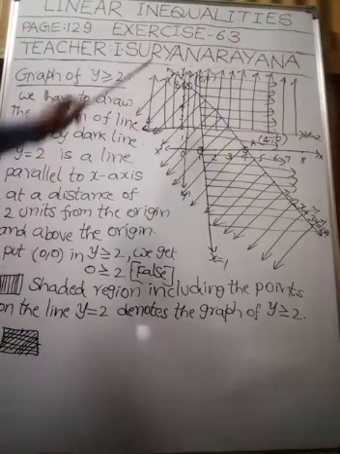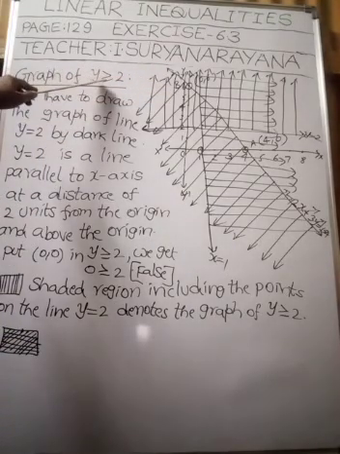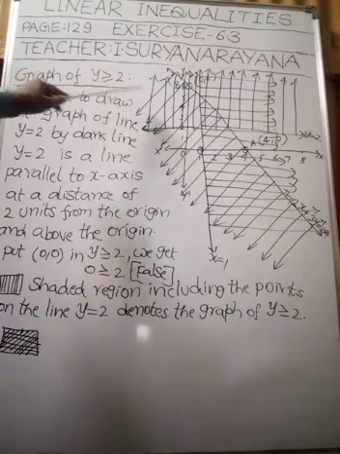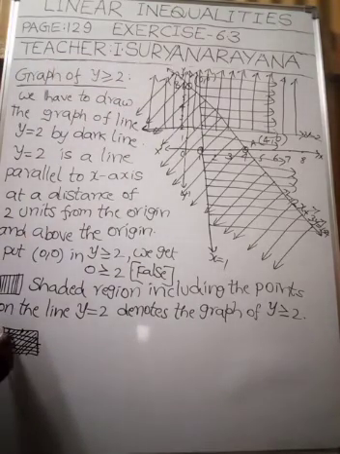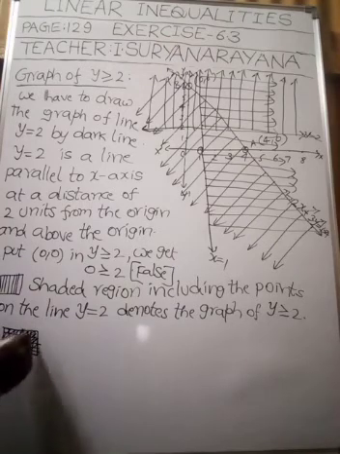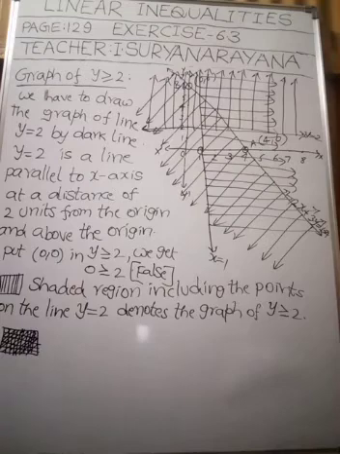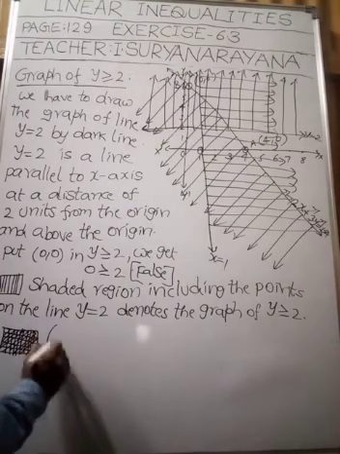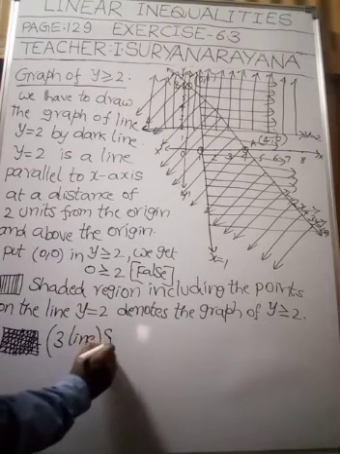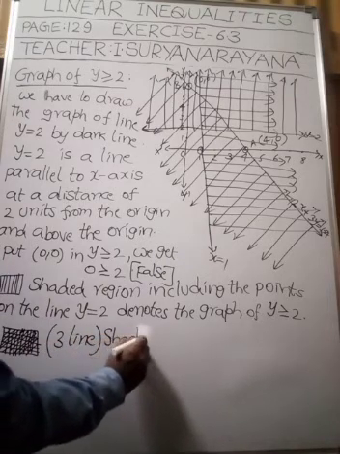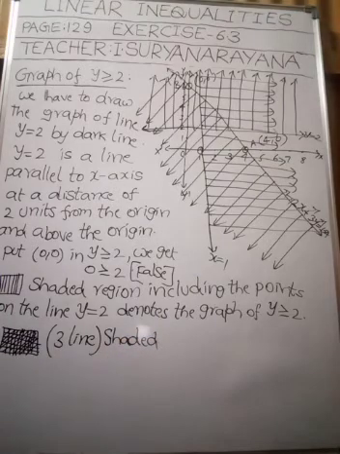And to draw the graph of the third linear inequality y greater than or equal to 2, which lines are used here? Vertical lines. Draw like here. These 3 lines shaded region.